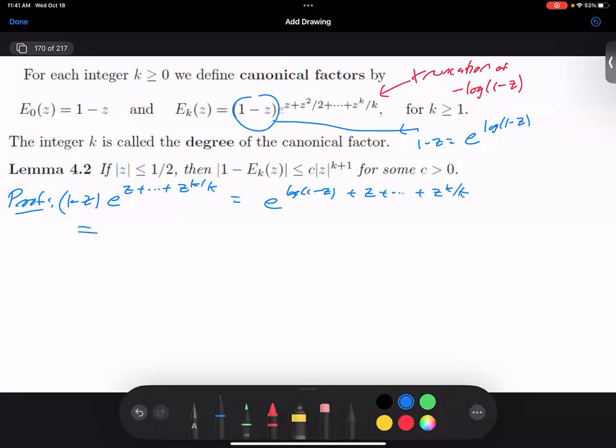So now if I Taylor expand the logarithm, everything cancels in the beginning, and the first thing that survives is going to be negative z to the k plus 1 over k plus 1, plus z to the k plus 2 over k plus 2, plus dot dot dot.